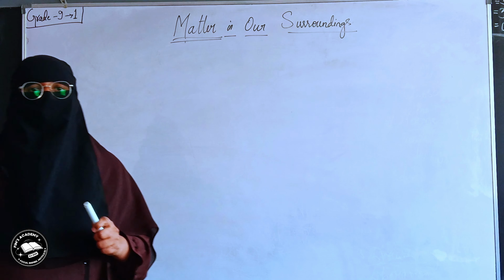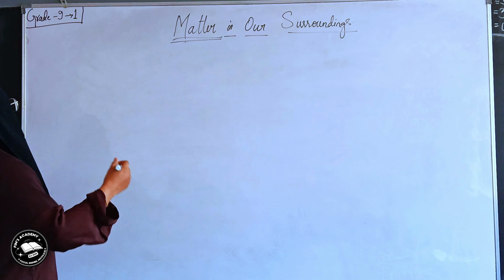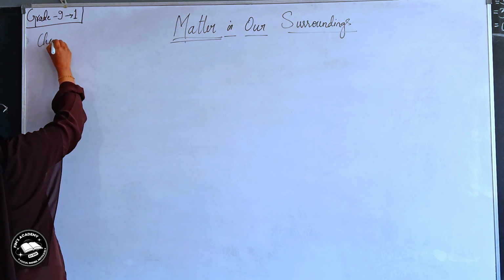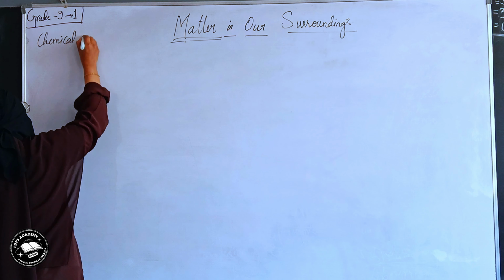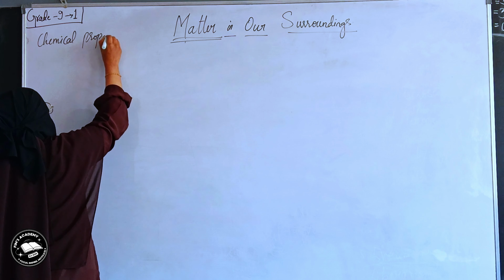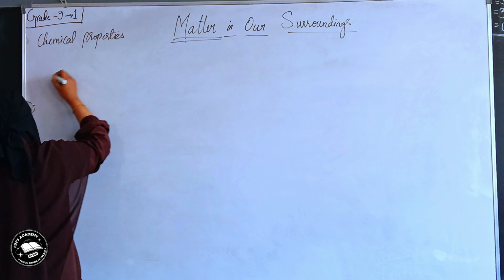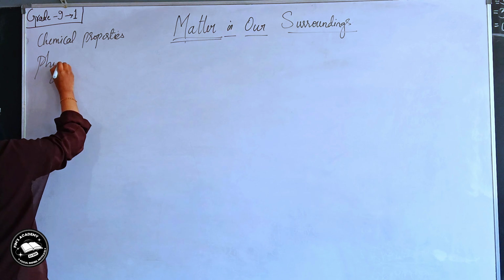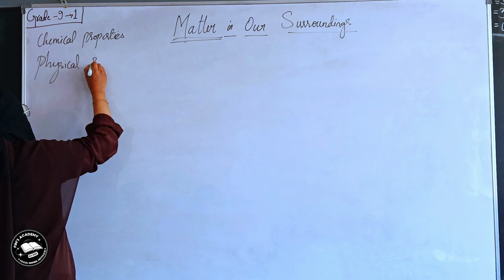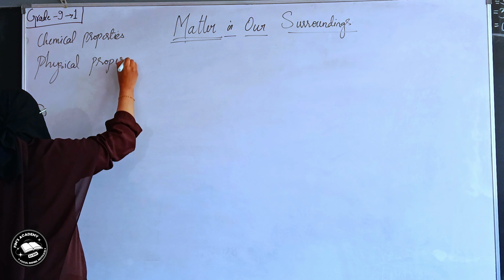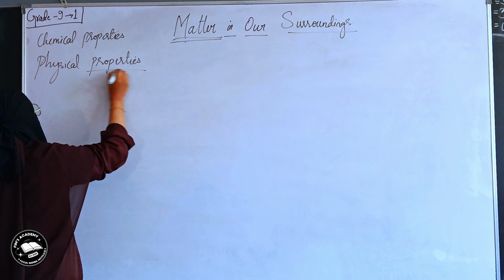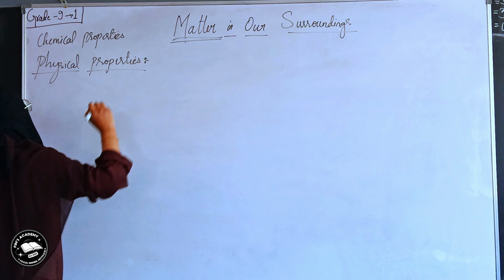Now basically this matter can be classified based on either its chemical properties or its physical properties. In our chapter, we are going to focus more on these physical properties, and chemical properties we shall see in the other chapters of 9th standard.